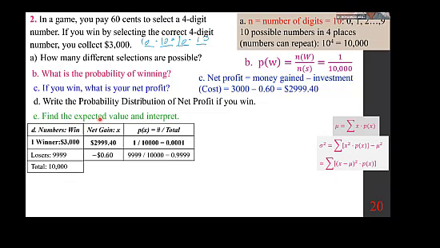The next one is asking for the expected value.